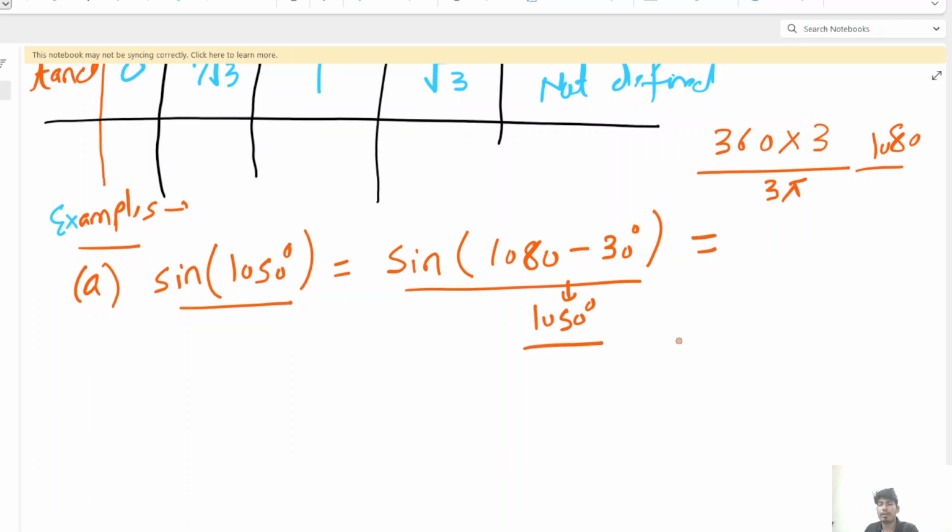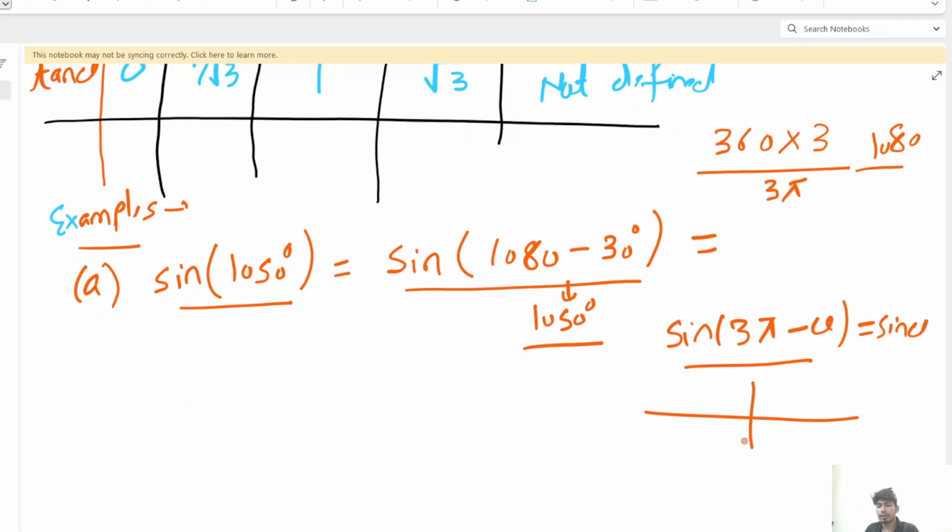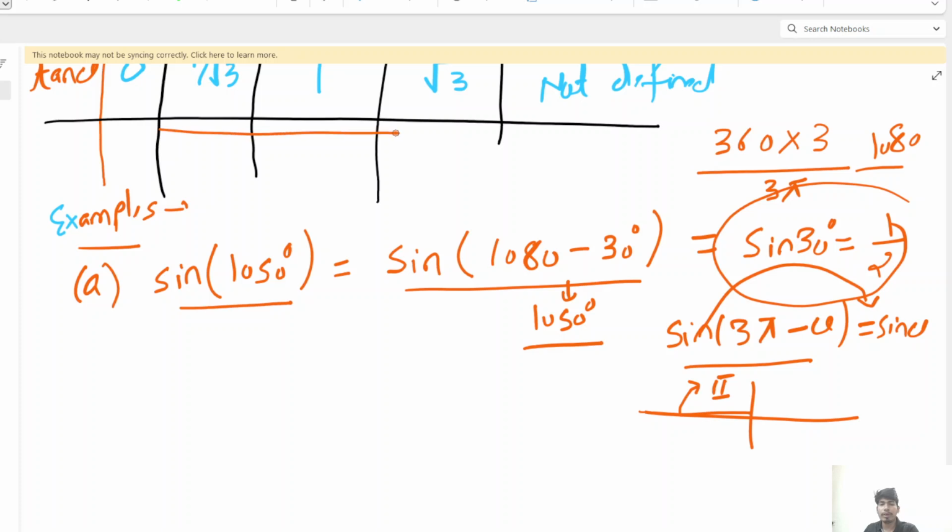And we know sine of 3 pi minus theta is sine theta, because 3 pi minus theta is in the second quadrant and sine remains positive. So this is sine 30, and sine 30 we know from the table is 1 by 2. So you have to remember these table values, because these basic values are needed again and again.